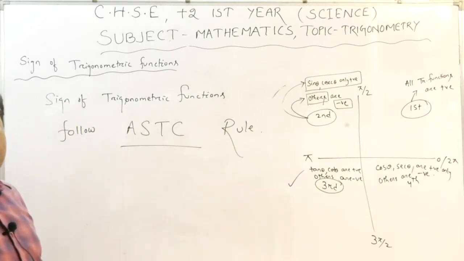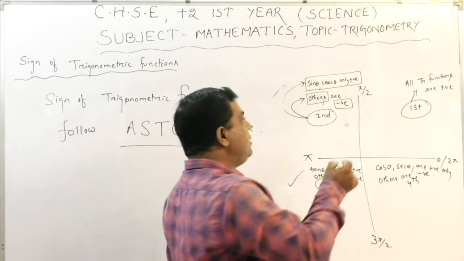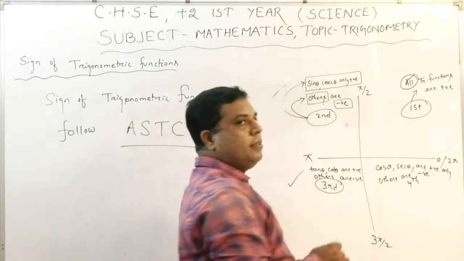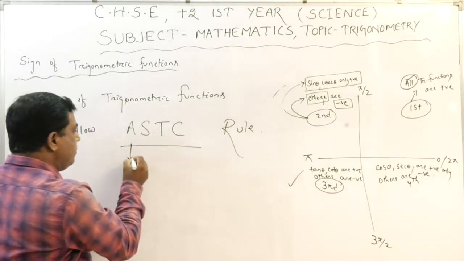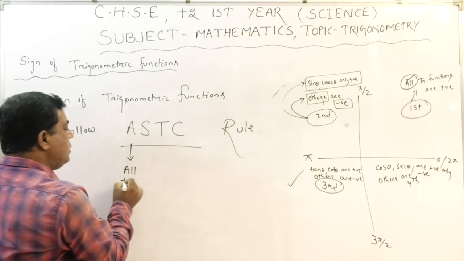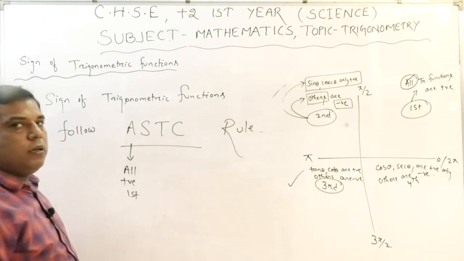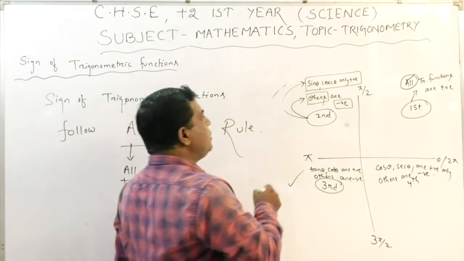Okay, now why is it ASTC? You see, dear students, A means all. That is the key word. A means all are positive, and it is for the first quadrant. And S means what?